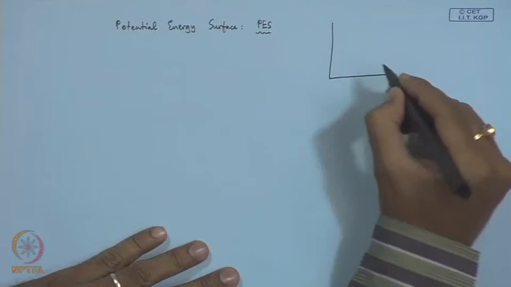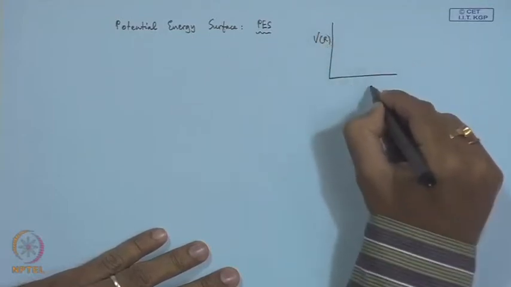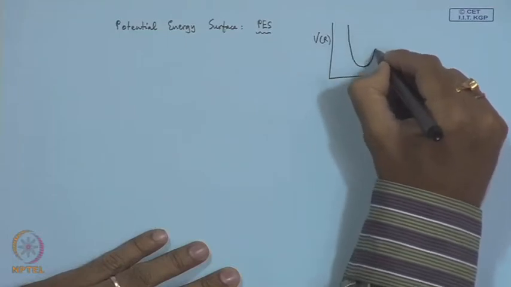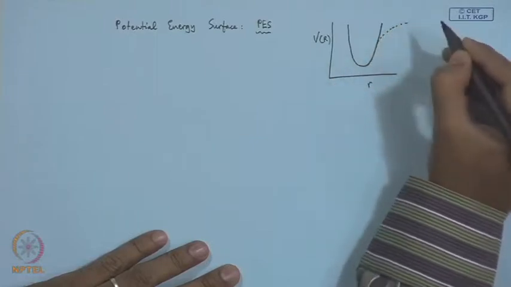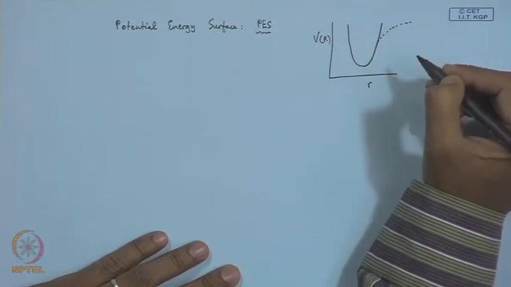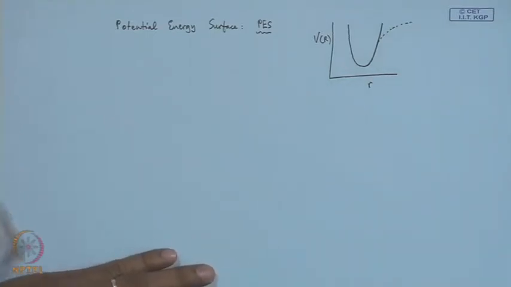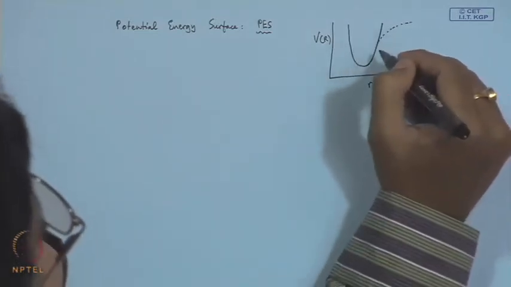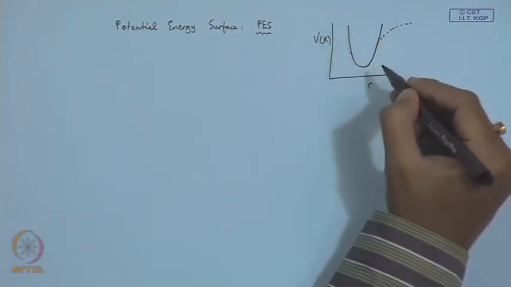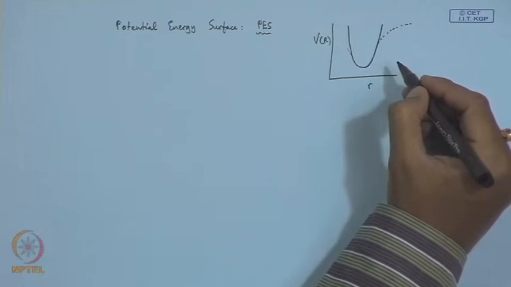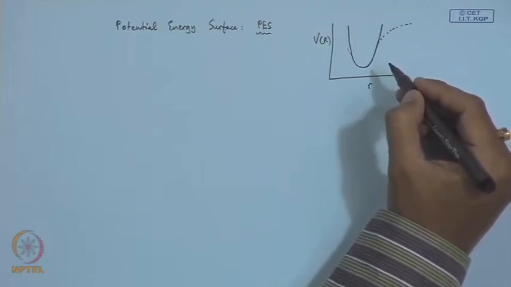Potential energy surface means, in most cases, we often use this potential energy diagram, say for a diatomic system, V R versus R. Ideally it is like a parabola, but for explaining the dissociation of a diatomic system, this Morse function has been introduced to take into account the dissociation limit, because if this were the true potential energy diagram, you would never dissociate a diatomic system, but it happens.